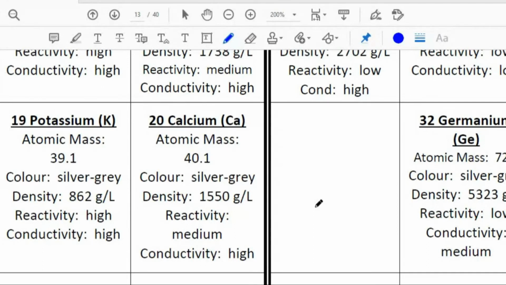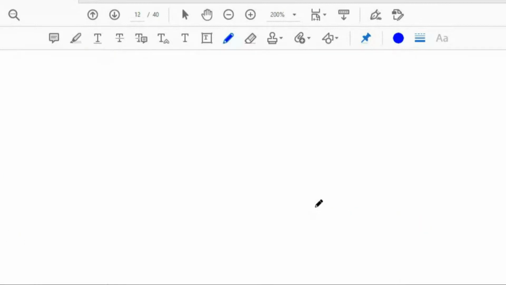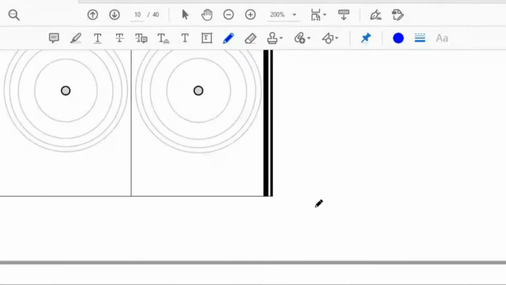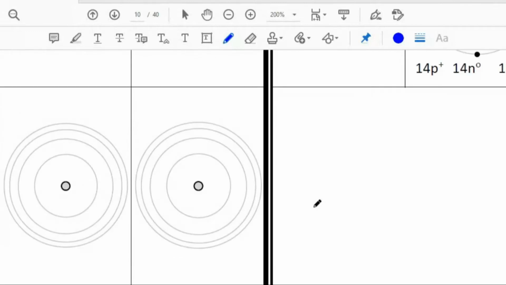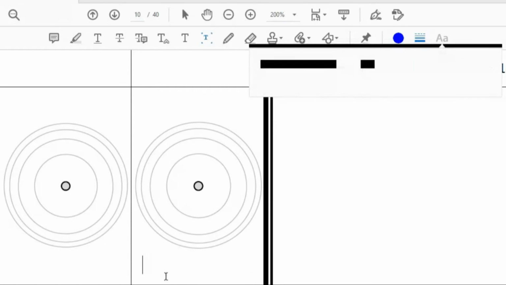So we have 40 minus 20, and that gives us a result of 20, meaning 20 neutrons. And because the atom is electrically neutral, it will have 20 electrons. So let's start to fill this in. Make sure you've already written this yourself before you take a look at what I have here in the video. So if you need to, please pause the video here.